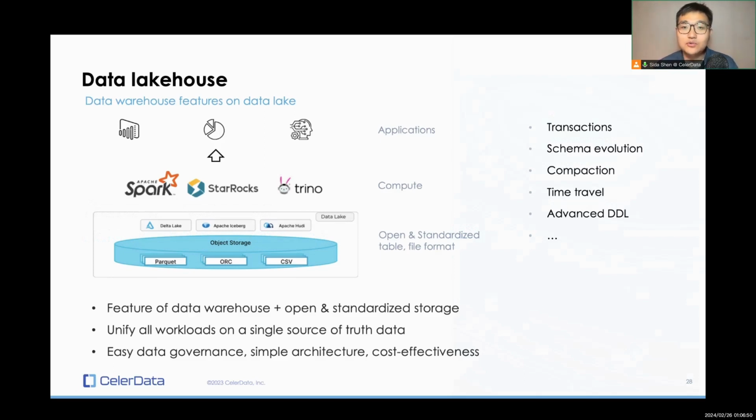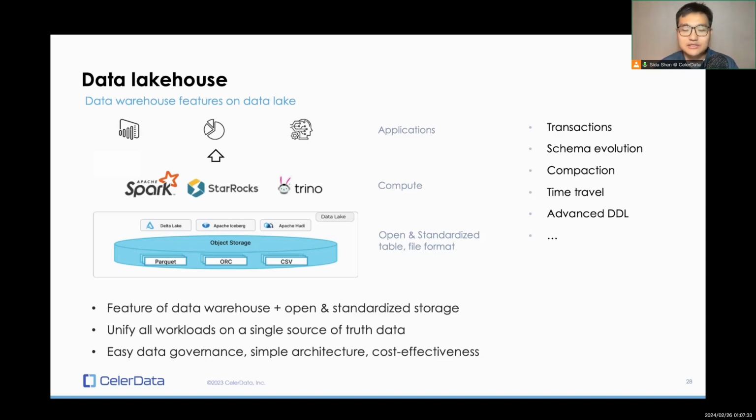A data lakehouse is basically the combination of the features of a data warehouse plus the open and standardized storage of data lakes, with open and standardized table formats as well as file formats. Having that, the immediate benefit is that you're able to unify all workloads on a single source of truth data. As opposed to, for example, a proprietary data warehouse, where the amount of workload you can run is limited by the data warehouse itself, right?